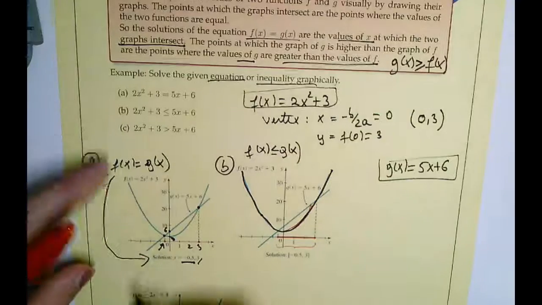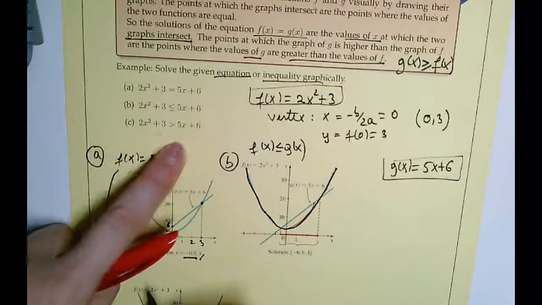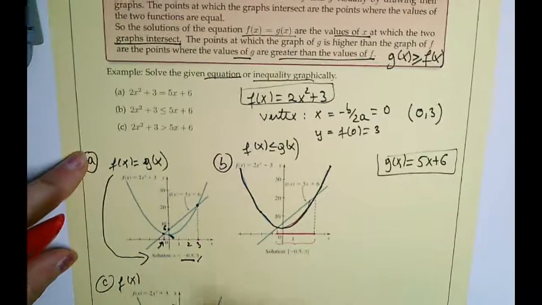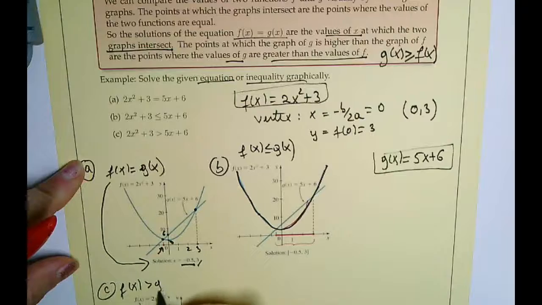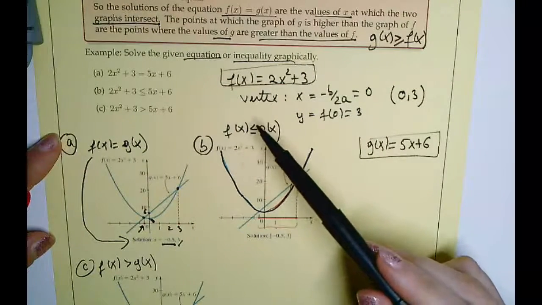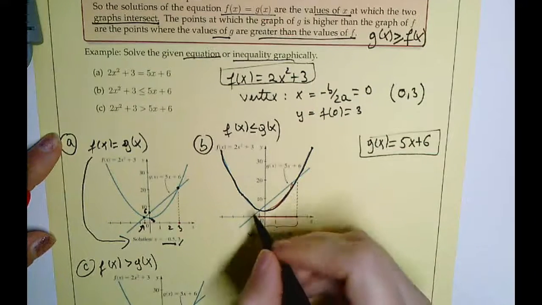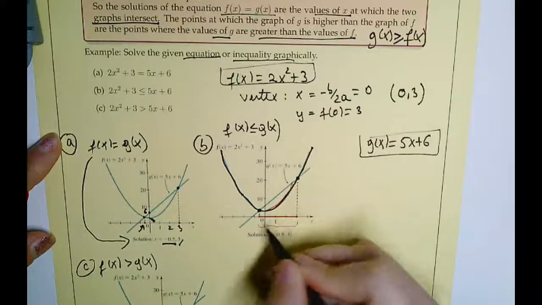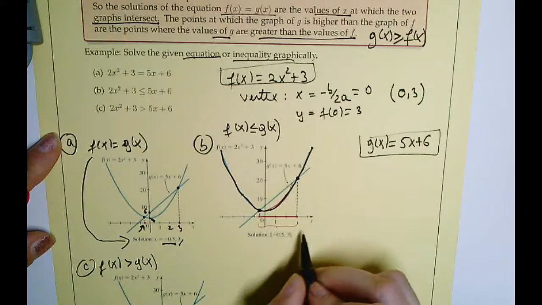And then if I am interested in solving f of x greater than g of x, notice that for the previous one, we had f of x less than or equal to g of x, so that's why we included the endpoints, because at the endpoints, the two functions are equal.